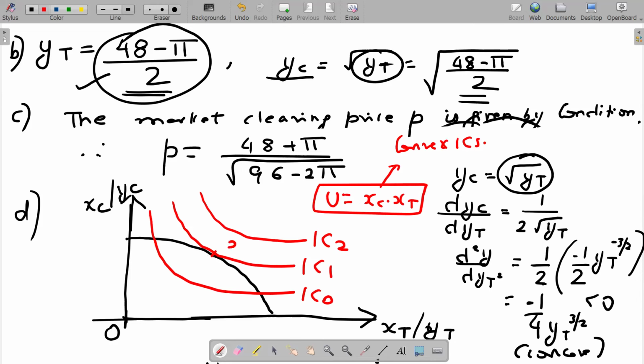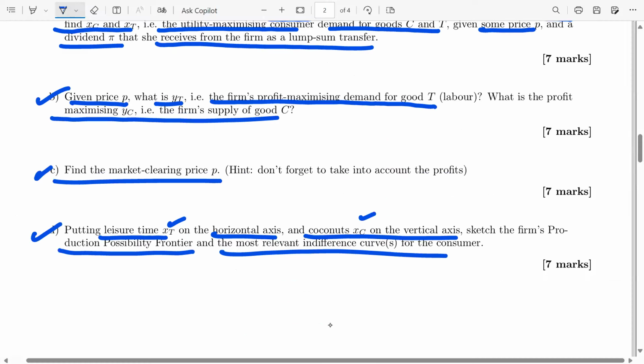You can clearly see the equilibrium occurs where the indifference curve is tangent to the production possibility frontier. So this is the optimum values XT star and XC star, which we have already found out in part A of the question. Okay, so with this, we are done with question number 1 completely.